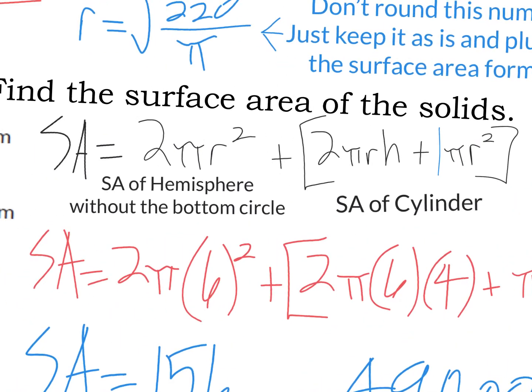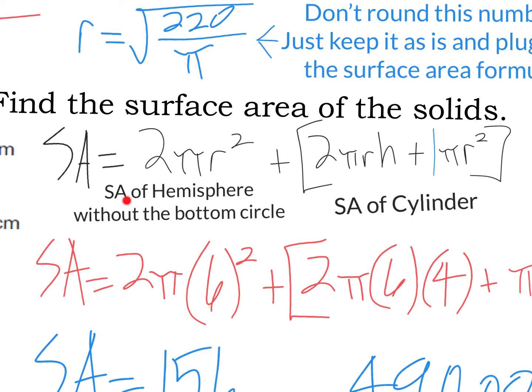So here I have my surface area of my hemisphere without the bottom circle, because it would be 3 pi r squared, but it's going to be 2 pi r squared because you don't have that bottom circle because it's touching the cylinder. And then your surface area of your cylinder would be 2 pi rh plus 2 pi r squared, except that second circle is part of that hemisphere, and so you got to remove the 2 and change it to a 1, or just take the 2 out.